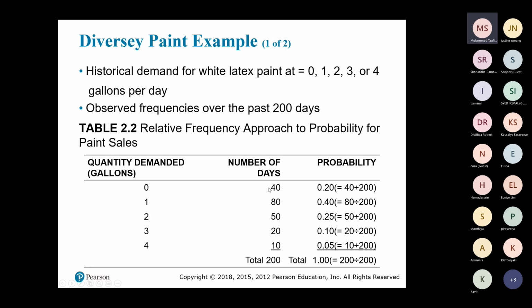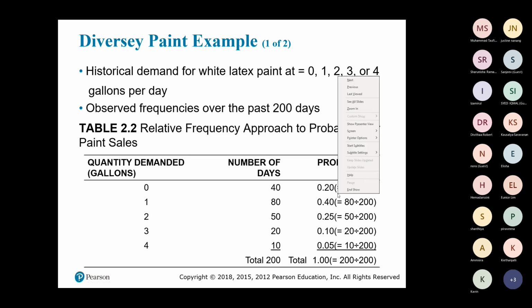Here is the number of days where people will buy the pen. 40 days people will not buy anything. So the probability of people not buying your pen is the number of days here.